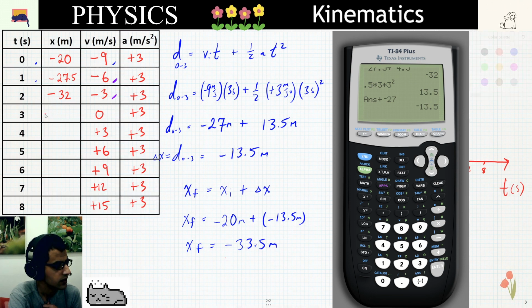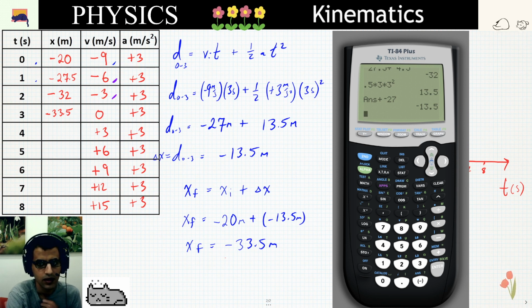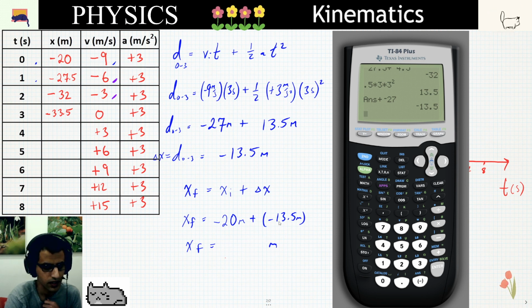So I'll put that in here, negative 33.5 meters. Okay, so I'm going to erase just these values and reuse this equation. This time it won't be from 0 to 3.